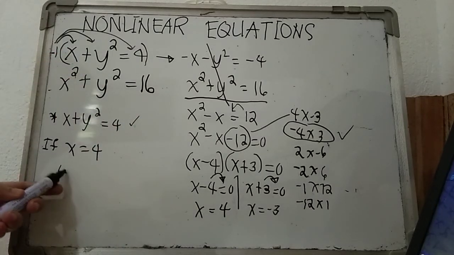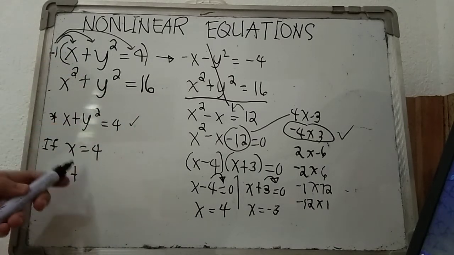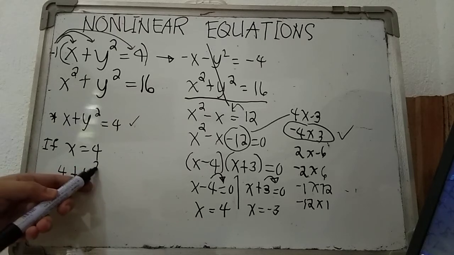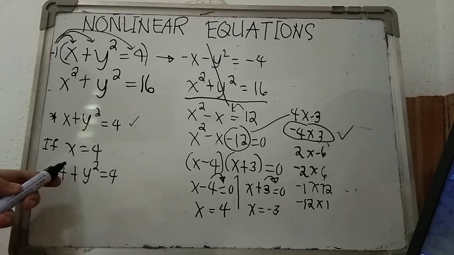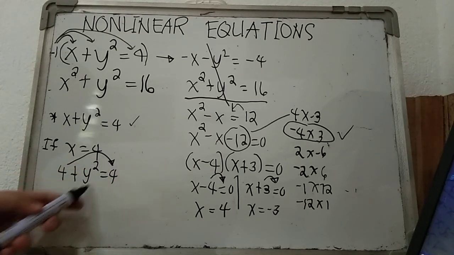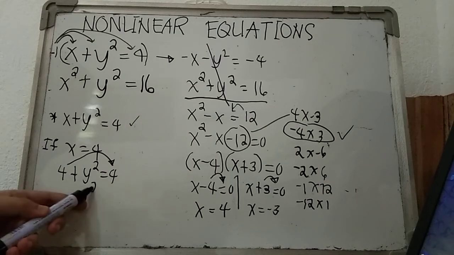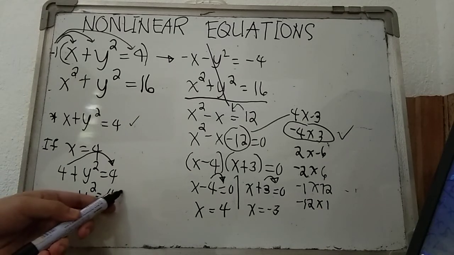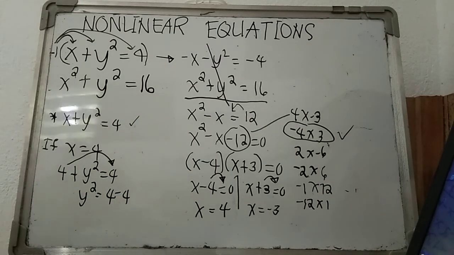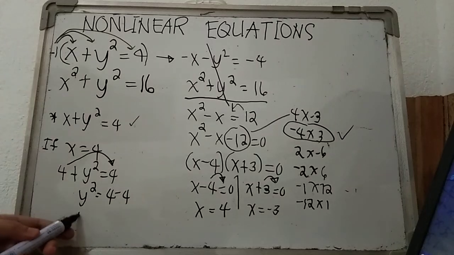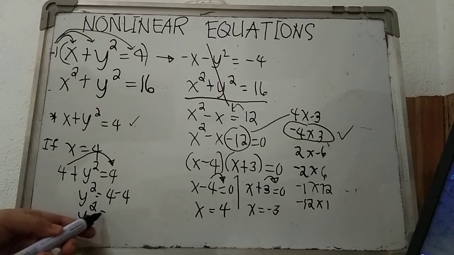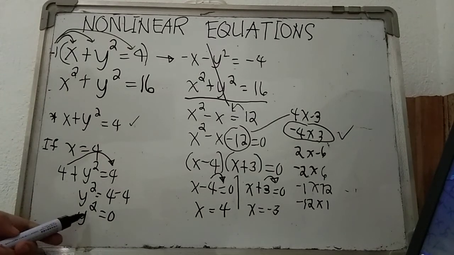If our x is equal to 4, the first one, then we substitute it here. So this is now 4 plus y squared is equal to 4. If you transpose 4 to the right, that will become y squared is equal to 4 minus 4, and 4 minus 4 is actually 0. So this is now y squared is equal to 0. Now what is the square root of 0?